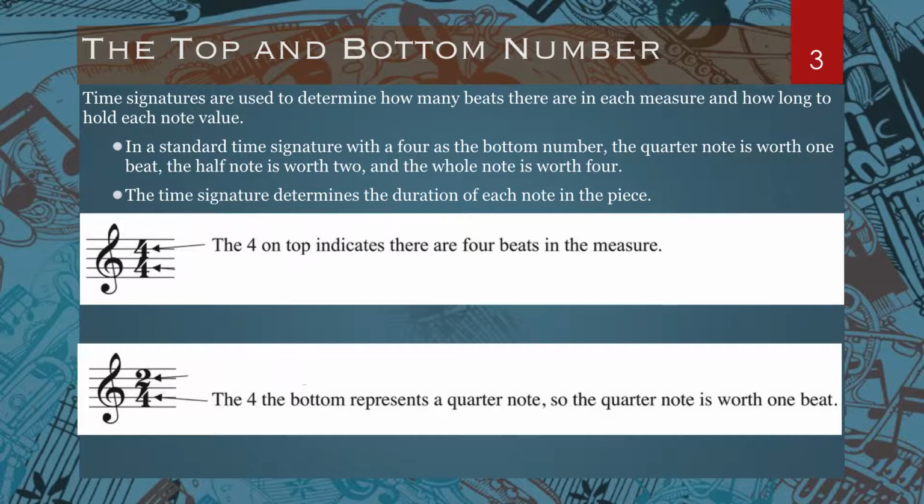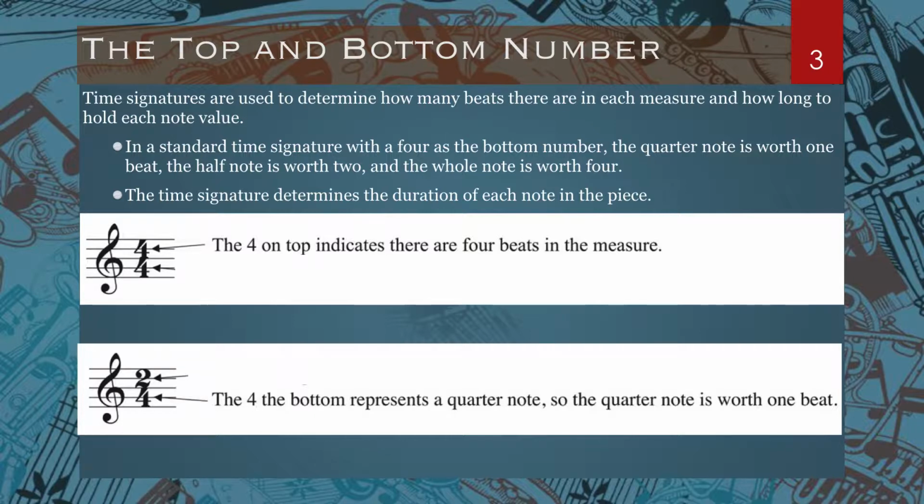If there was a 2 on the bottom, you'd have to think about what note value is worth 2 beats. Well, that's a half note. So there are 2 half notes in a whole note, so a 4/2 time signature would mean there's going to be 4 half notes in the measure, but the half note is also going to be worth 1 beat.